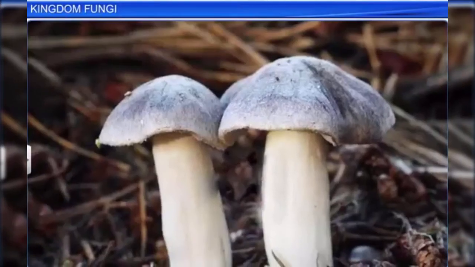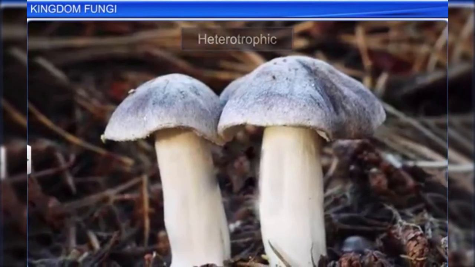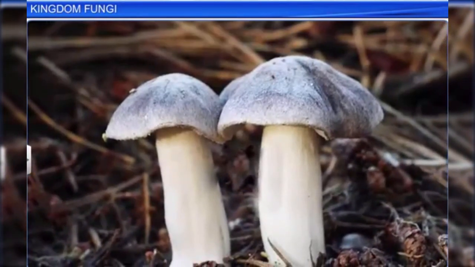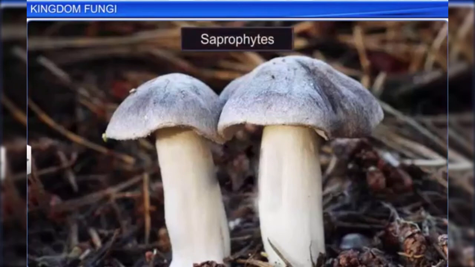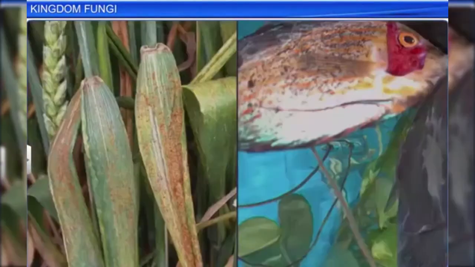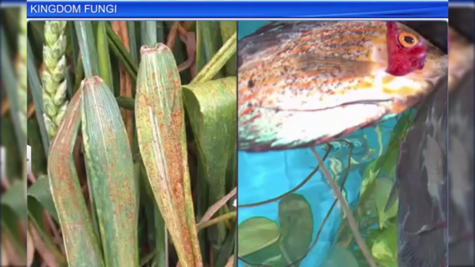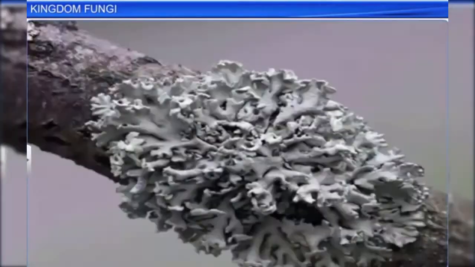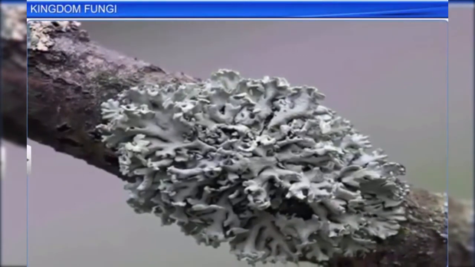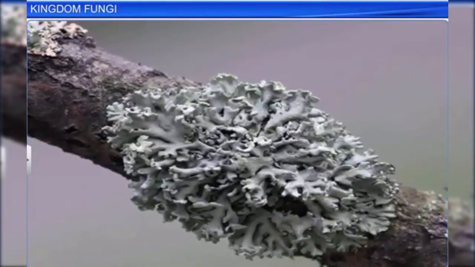Fungi are heterotrophic. Fungi that absorb organic matter from dead substrates are called saprophytes. Fungi which depend on living plants and animals are called parasites. Some fungi are associated with other organisms in mutually beneficial relationships.